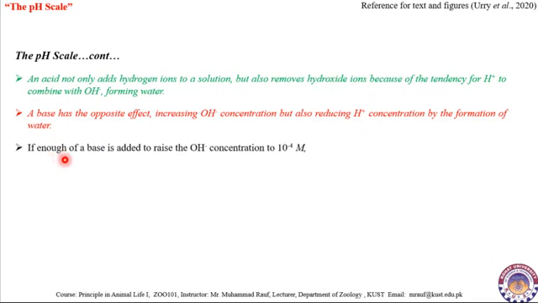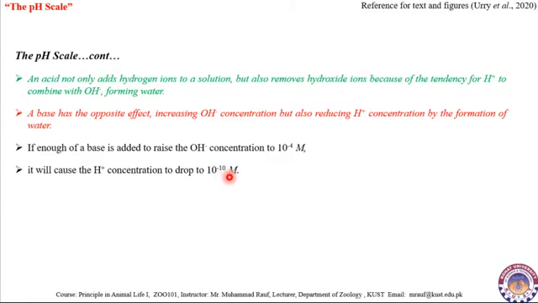If enough of a base is added to raise the hydroxyl ion concentration to 10 raised to the power minus 4 moles, then it will cause the hydrogen ion concentration to drop to 10 raised to the power minus 10.